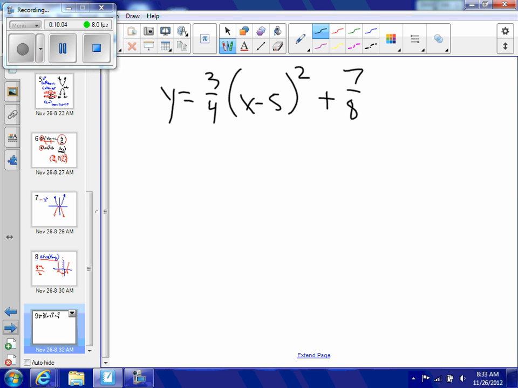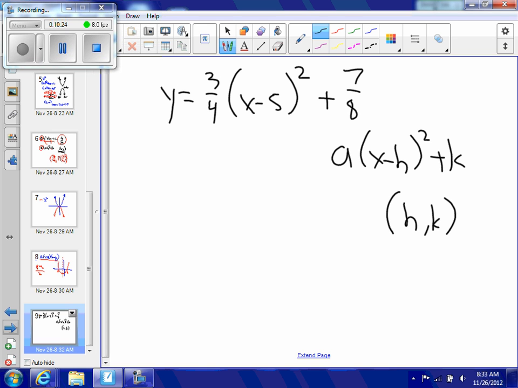This problem, what was the very first question that it asked me? What is the axis of symmetry? First of all, this is a times x minus h squared plus k. My vertex is going to be h, k.